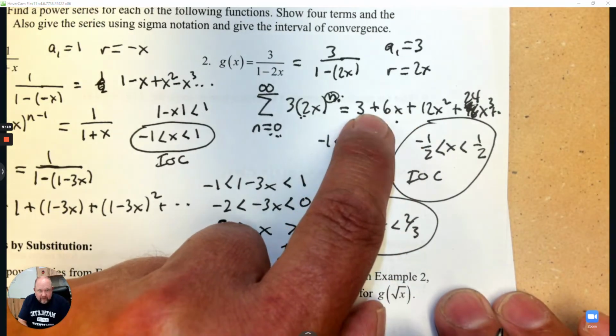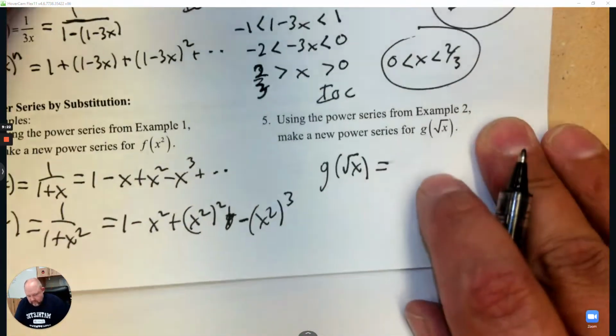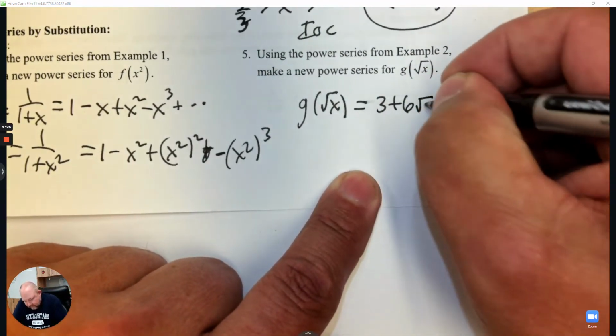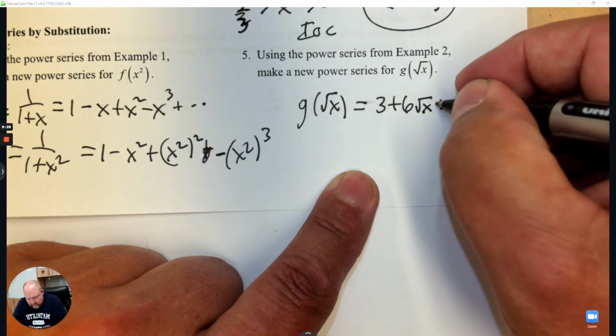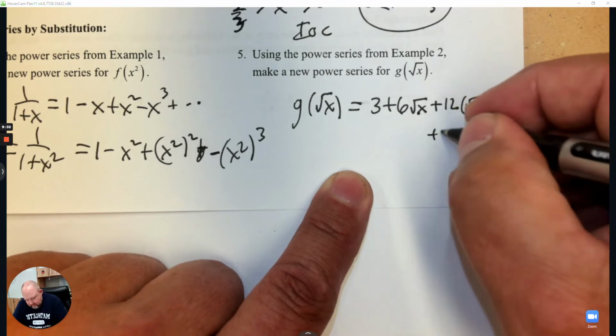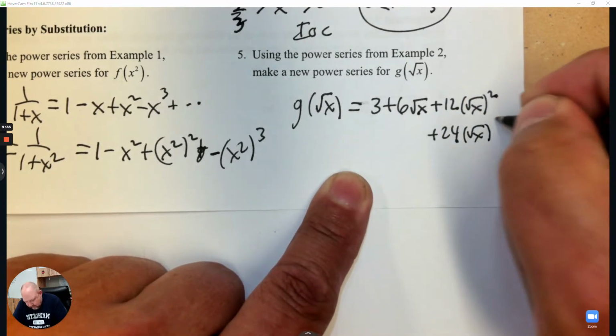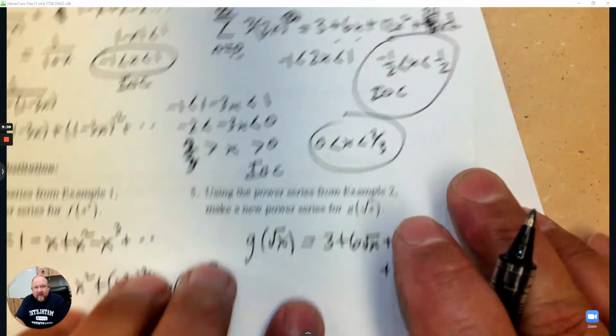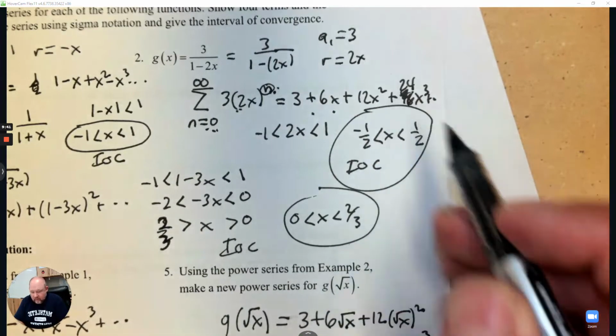So it's 3 plus 6, but instead of x, it's the square root of x. And then 12, and then it's the square root of x squared. And then it's 24, and the square root of x cubed, and so on. Following that pattern, just taking out the x and putting in the square root of x.